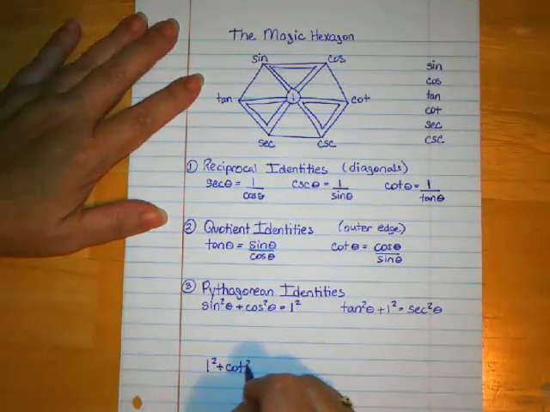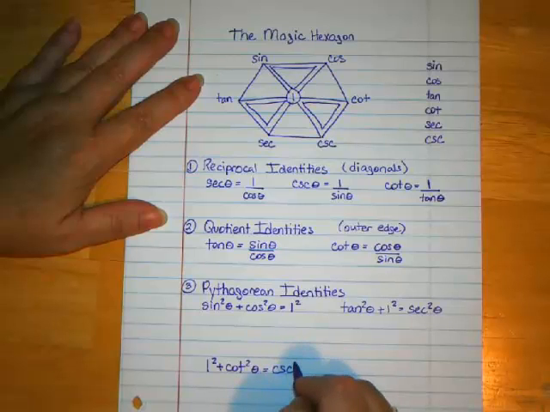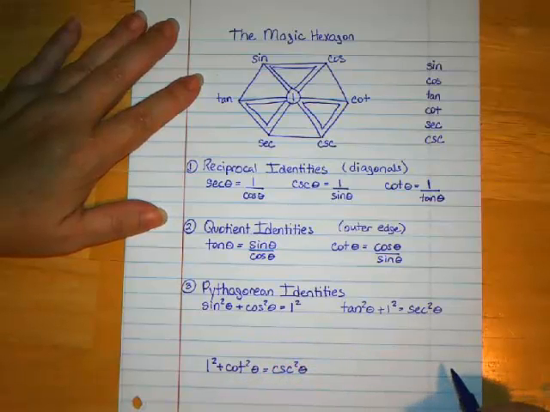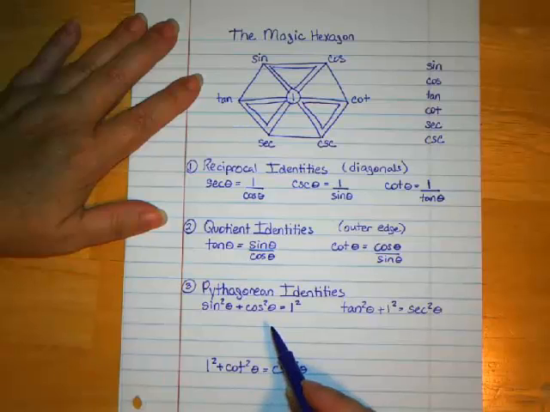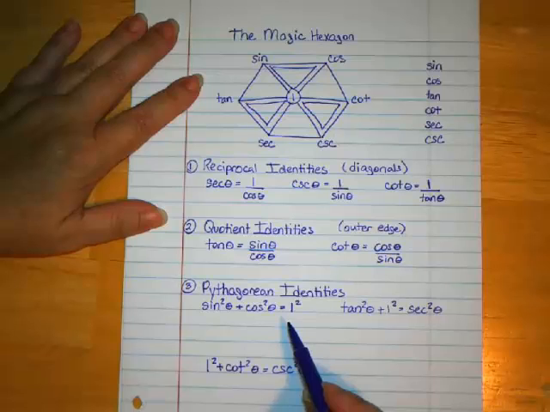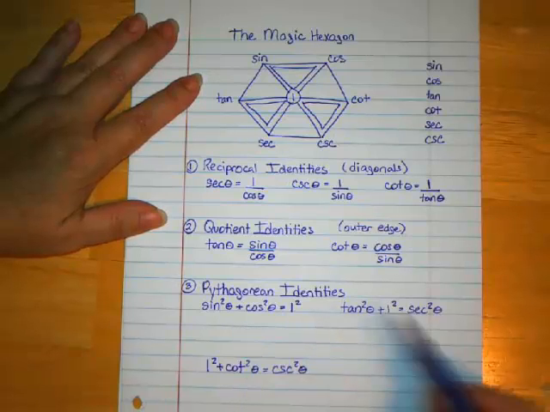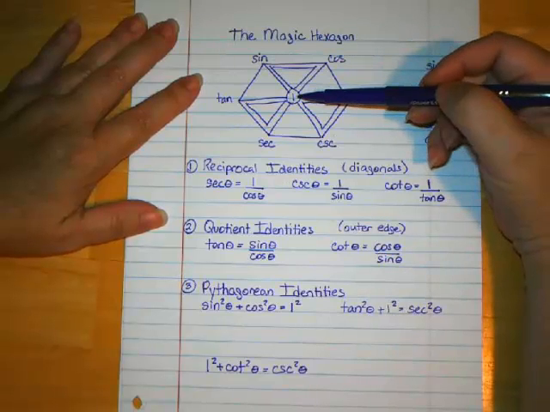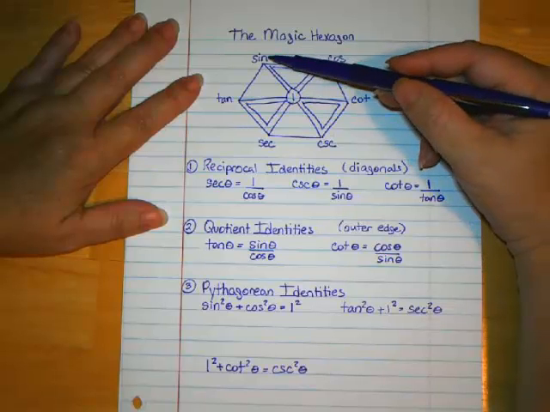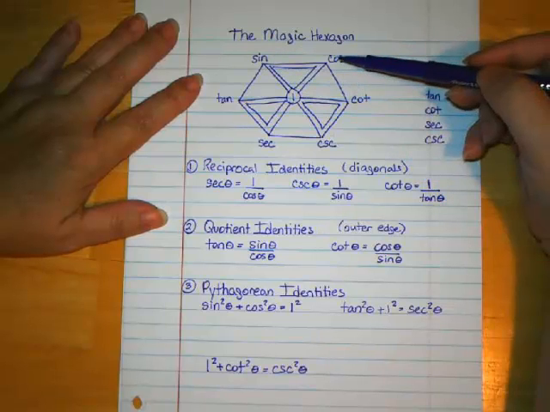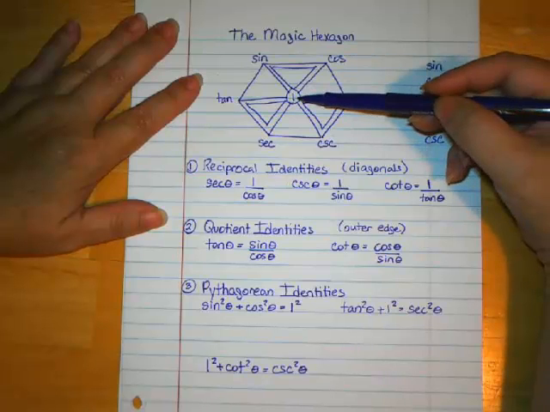Now, those are the 3 main identities that we're looking at. But a lot of times we will see the identities where they're rearranged, where it's not sine squared plus cosine squared equals 1, but it might be 1 minus sine squared or 1 minus cosine squared. The way those work is starting at the base. If you take this one here and subtract this one squared, you get this one squared, or going the other way, this one squared minus this one squared equals that one squared.